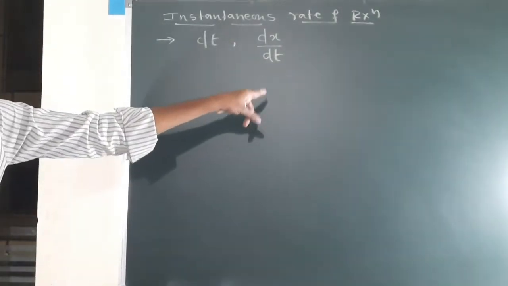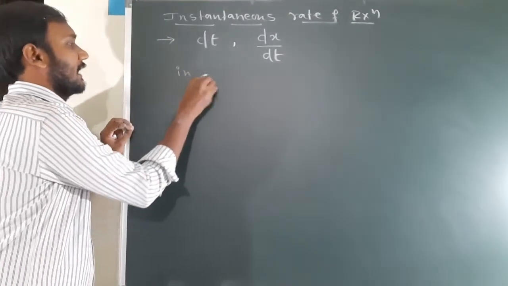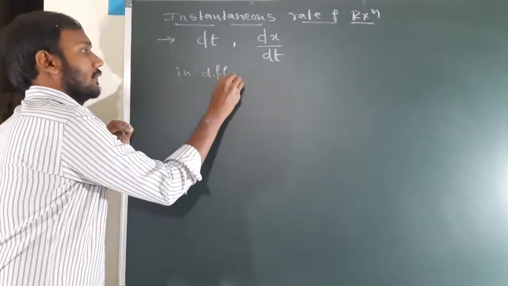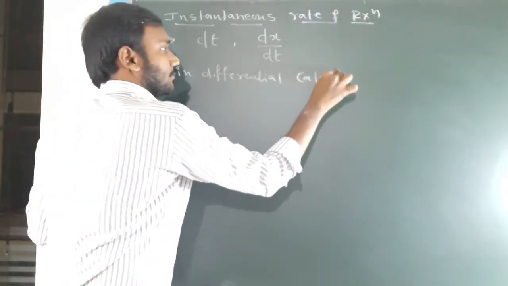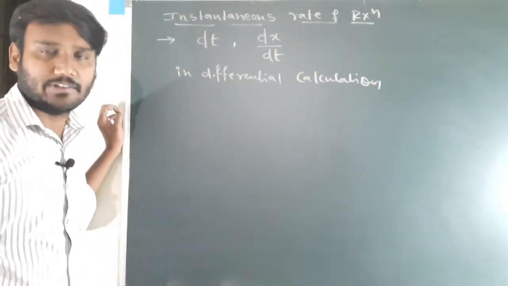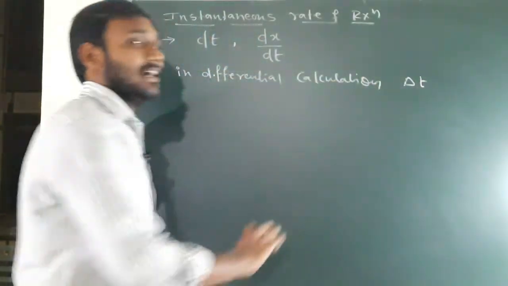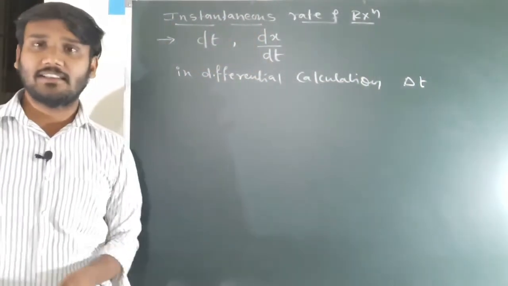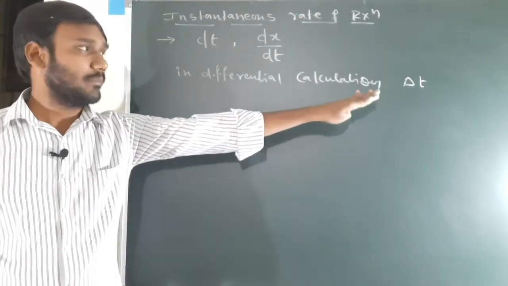Now, in differential calculation, delta t is again a change in time, but it is not an instant change in time; we simply show it with the symbol delta t.